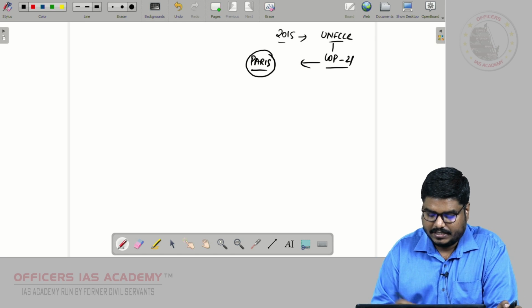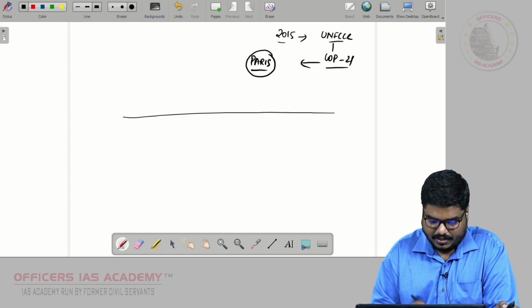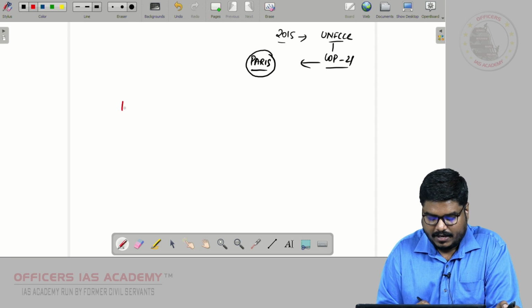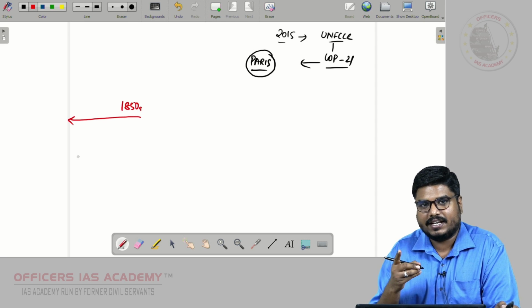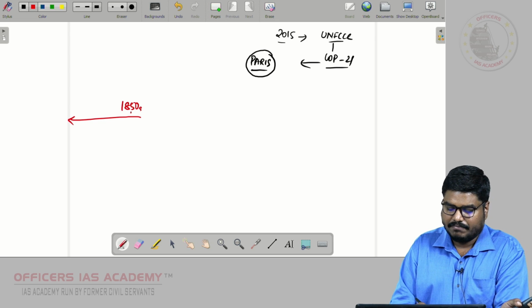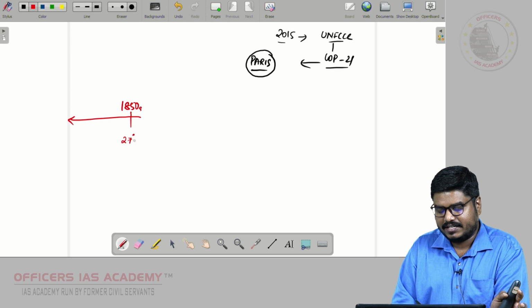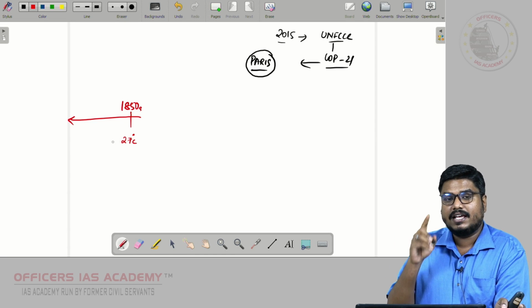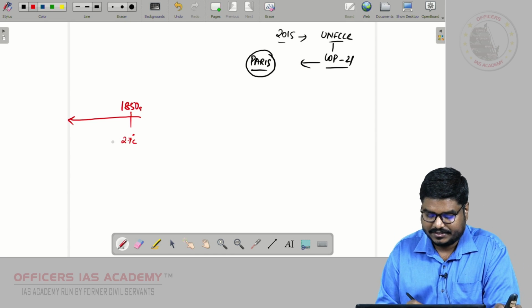So what happened? Let us assume the 1850s, before which is the pre-industrial level. Let us assume the average temperature in 1850 was 27 degrees Celsius.